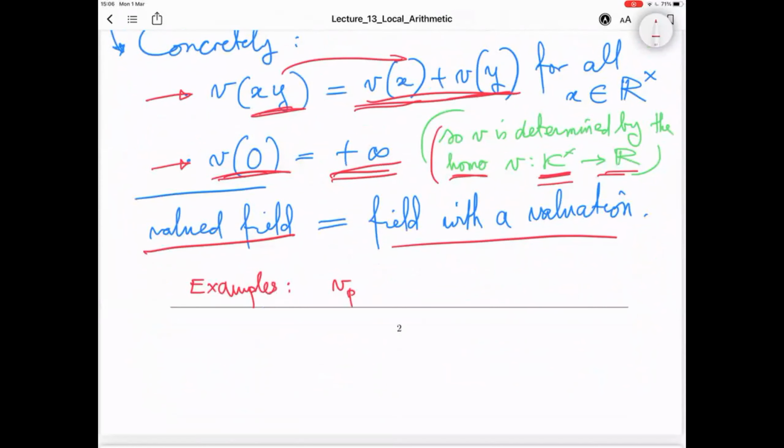So V_p on K equal to Q_p, that was a valuation, and V_t on the field K, which is k double-bracket t, the power series, where little k is any field. In our case, it was a finite field, but that didn't have any importance. The same definition works for any field. So these are some basic examples of valuations. Okay.